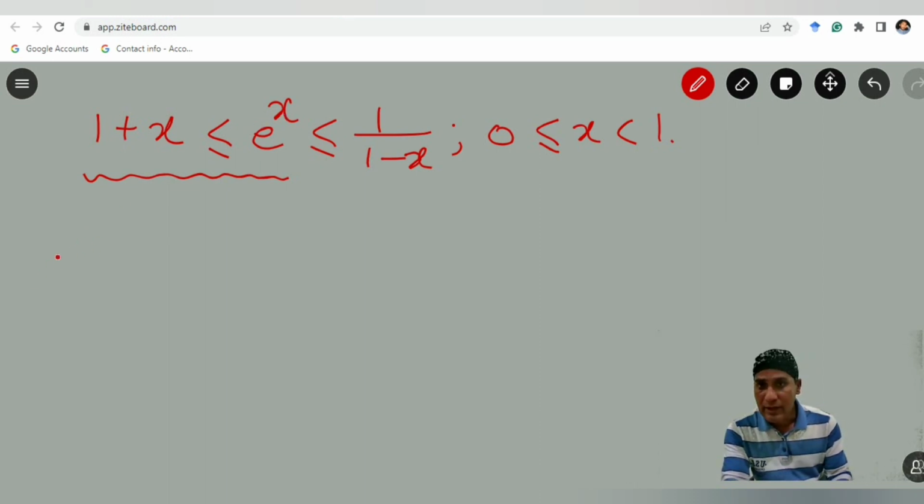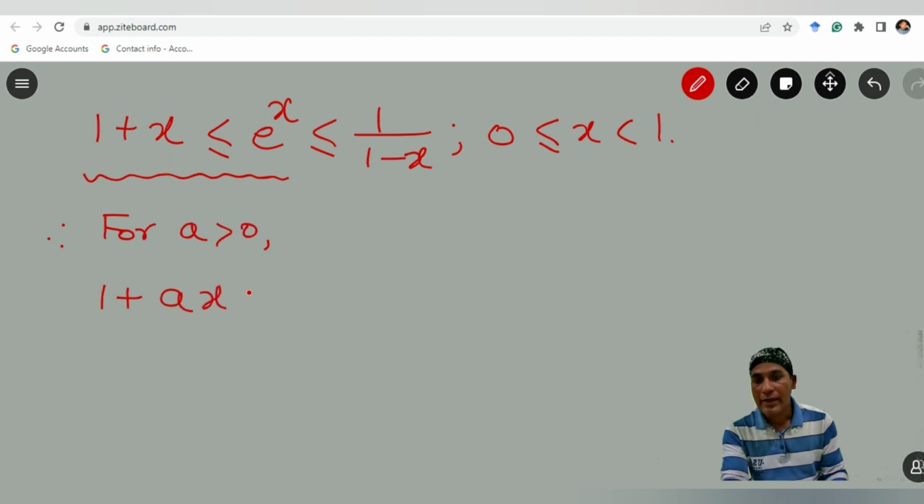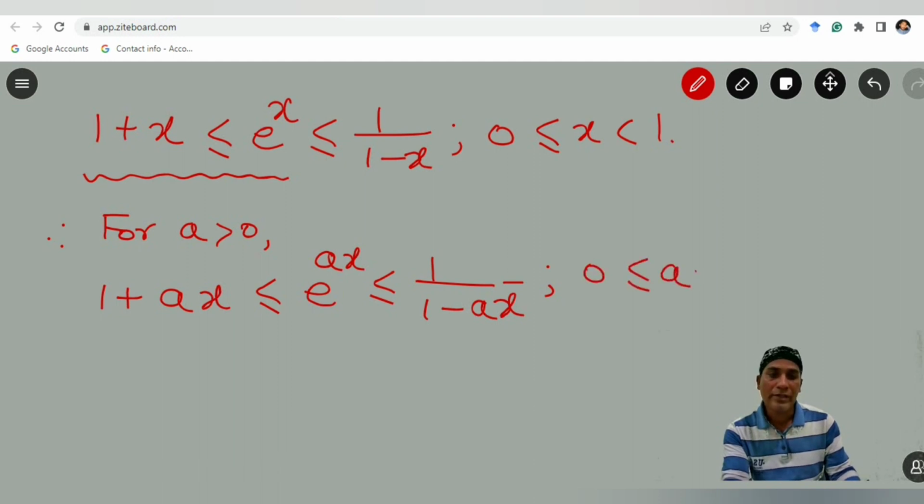Next, what I have to do, I will take one parameter a which is positive and replace this x by ax. Therefore, for a greater than 0, I write 1 plus ax less than or equal to e power ax less than or equal to 1 over 1 minus ax if 0 less than or equal to ax less than 1.